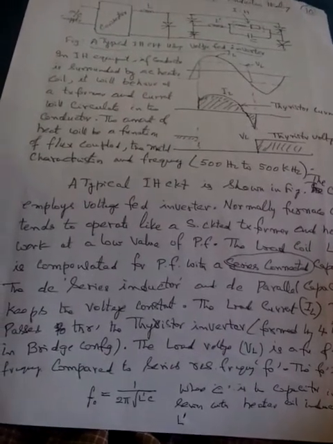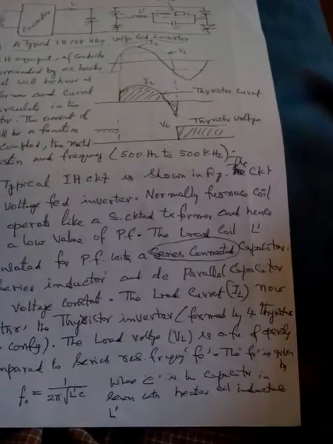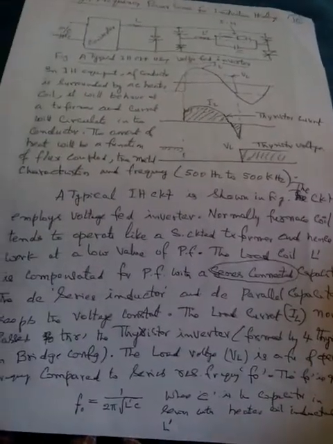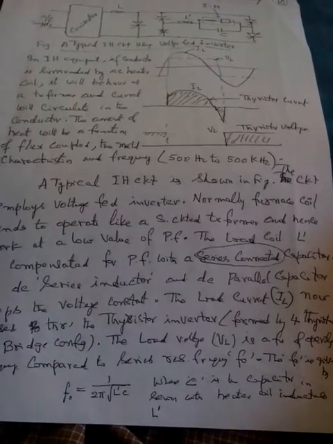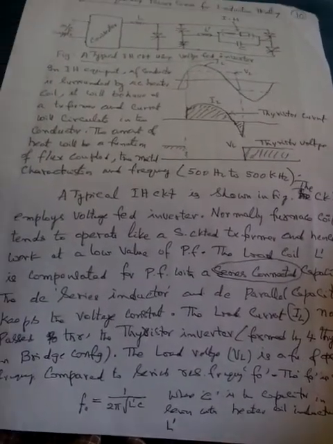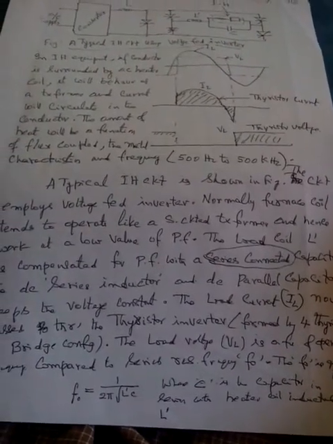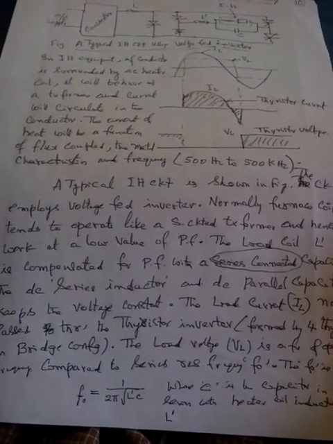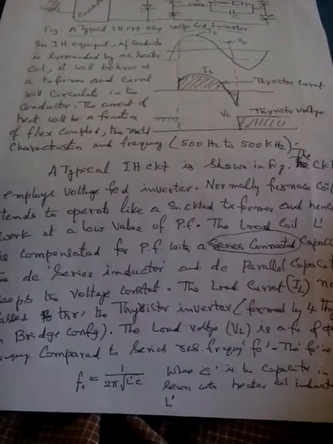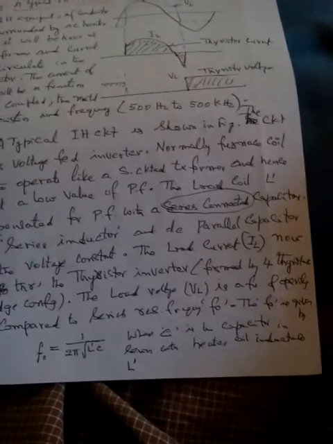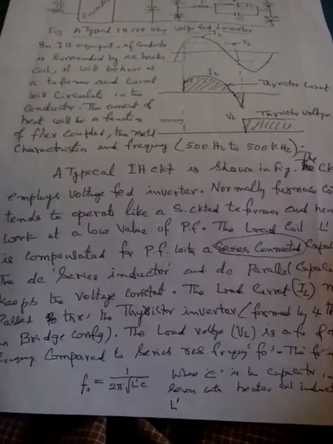The load voltage VL is a function of operating frequency compared to the series resonant frequency F0. The frequency F0 is given by 1 by 2 pi square root of L dash C, where C is the capacitor shown with the heater coil inductance L dash.